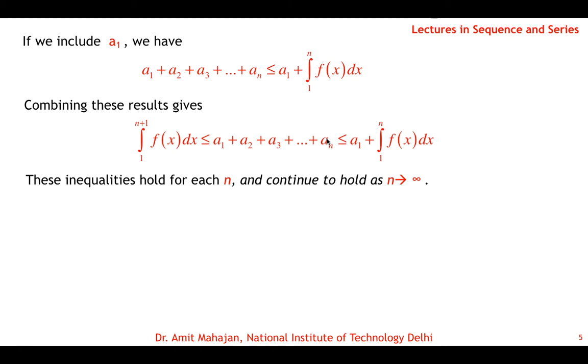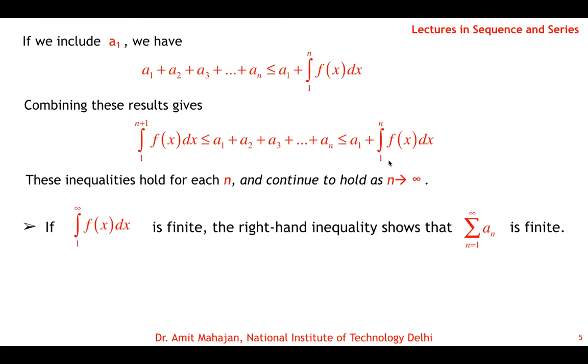series. And that infinite series will converge or diverge depending upon how these integrals behave. So when n becomes large, if this integral, 1 to infinity f(x) dx, when n becomes infinity, if this is finite, then the right inequality immediately says that the partial sum or this infinite series is also finite, because this is always less than this integral value.